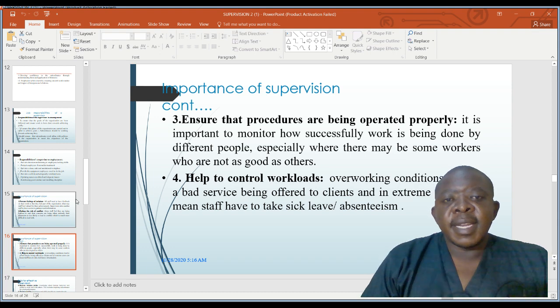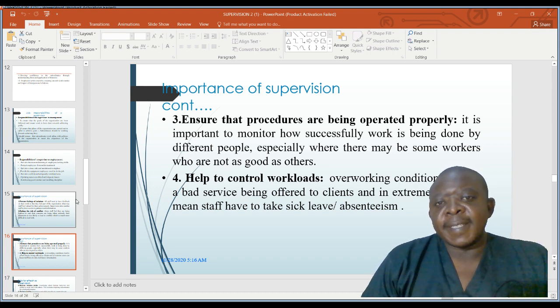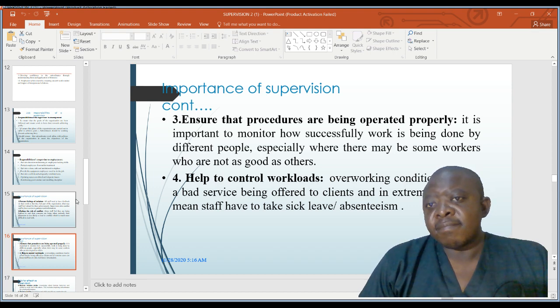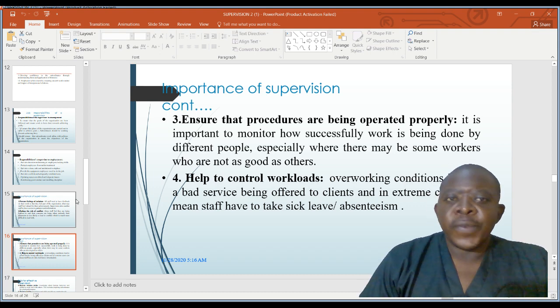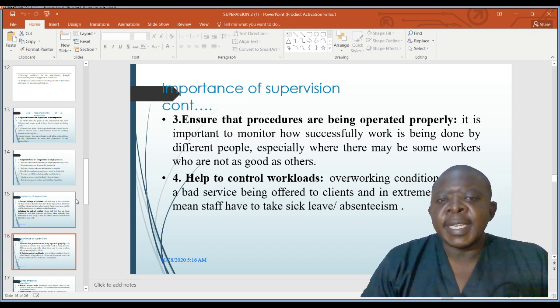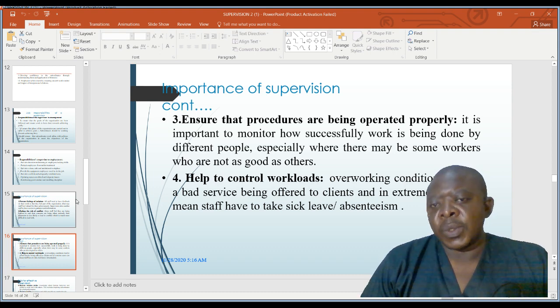The third importance of supervision may be that it helps in ensuring that procedures are being operated properly. It is important to monitor how successfully work is being done by different people, especially when there may be workers who are not as good as others. The fourth importance of supervision is helping to control workloads.